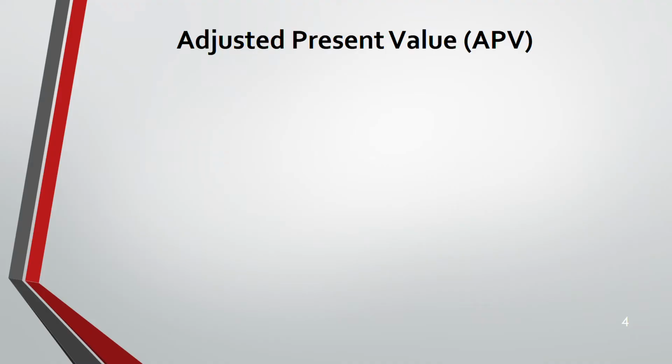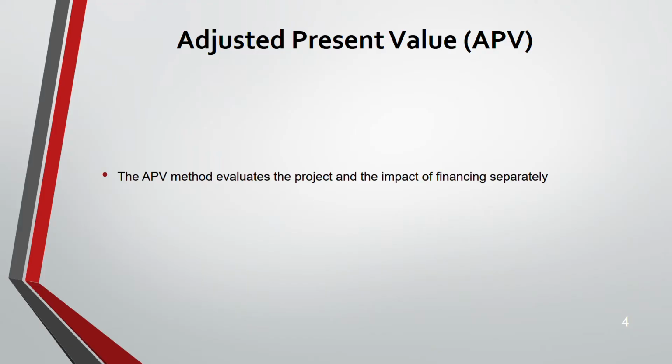Adjusted present value, which stands for APV. Now, what is APV? We have net present value, then why adjusted present value? See, adjusted present value, briefly I'll tell you, it's a method that evaluates the project and the impact of finance separately. What does it mean? See, in net present value, when we calculate the risk adjusted WACC, what happens?